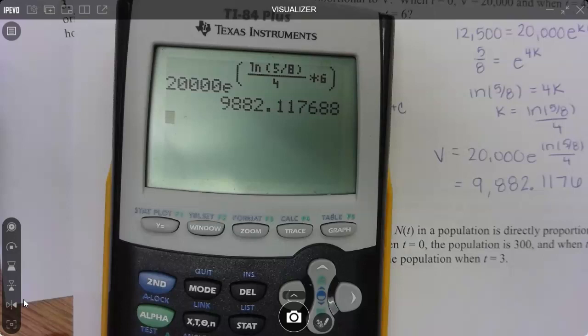So you get 9,882.1176. And again, that represents whatever the units of V is.